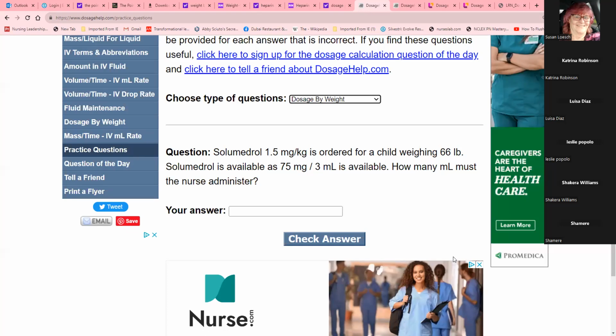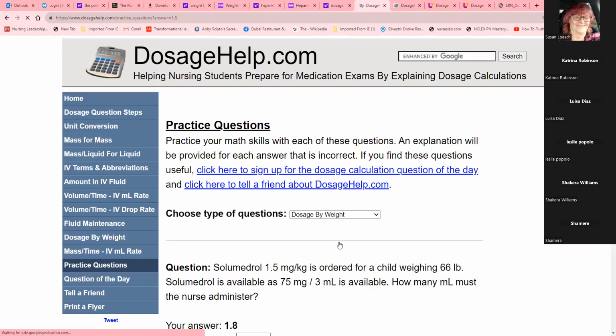Okay, what'd y'all get? 1.8. 1.8. Perfect.